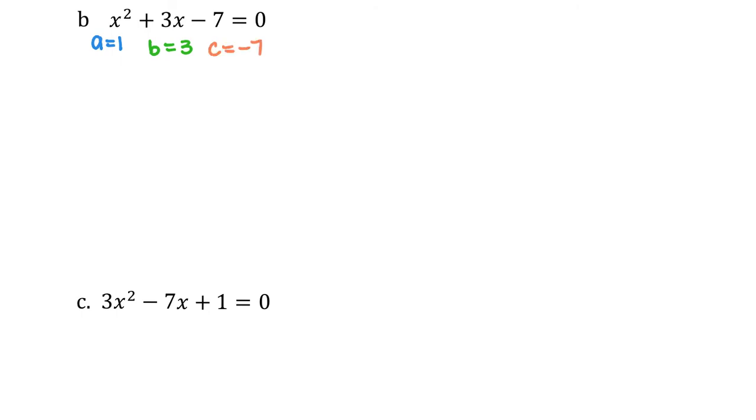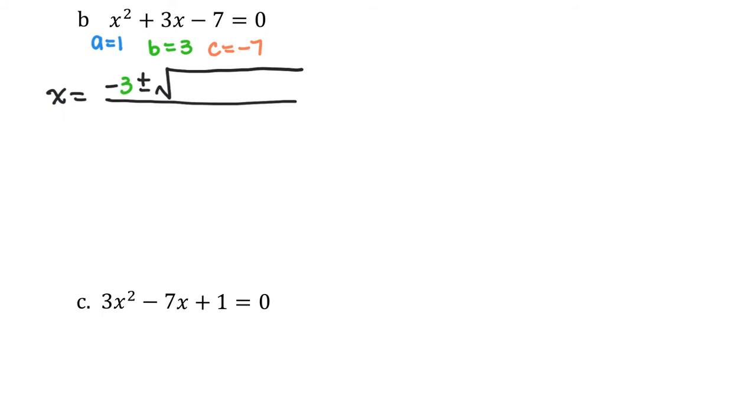Since I'm trying to find x, I'm going to say x equals big fraction. Okay, keep looking back up at your formula, but it's going to be negative b, b is 3, so negative 3, plus and minus, okay, big square root sign. Okay, and then inside the square root sign, I have b squared minus 4ac.